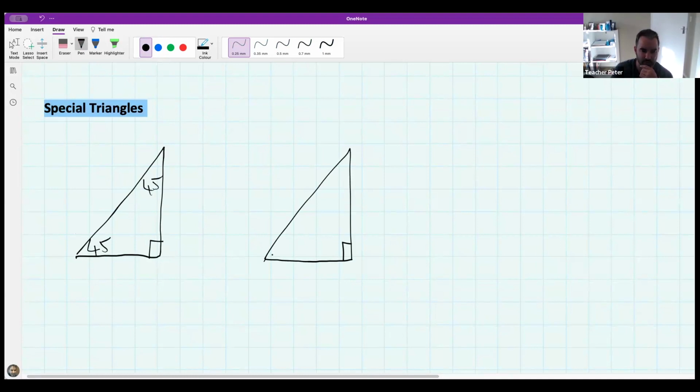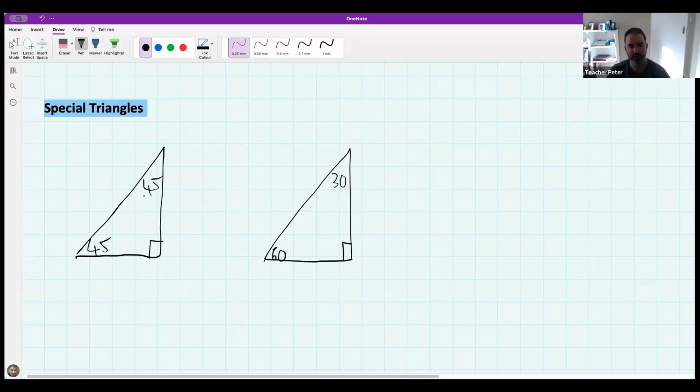And then the other special triangle comes from chopping up an equilateral triangle, and it looks like that. Give me a thumbs up if you've seen these 2 triangles. They're still missing information. If your teacher has mentioned them before, give me a thumbs down if you've never heard of these special triangles.